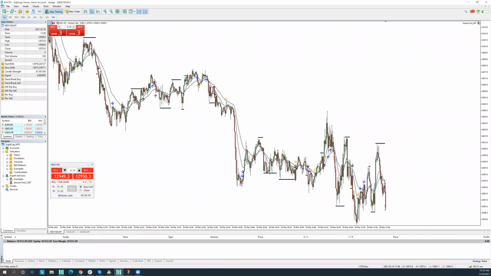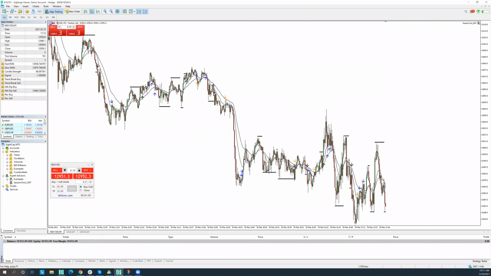We haven't been able to, although now we're breaking down to the downside. And now we're really trying to see if we can establish a fresh trend. If there is a fresh trend, it's very likely going to break the fresh lows. We're going to test the 12,900, right? That's going to be the message that we're starting to see from the price. Now, if we don't get that result, then we don't have that message.